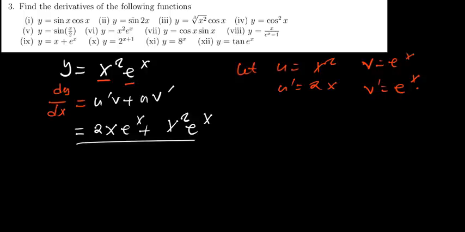You can end here if you want, but you can also go further and factor out x e to the power x. Then here you remain with 2 plus x. I hope this is just okay, what I've done.